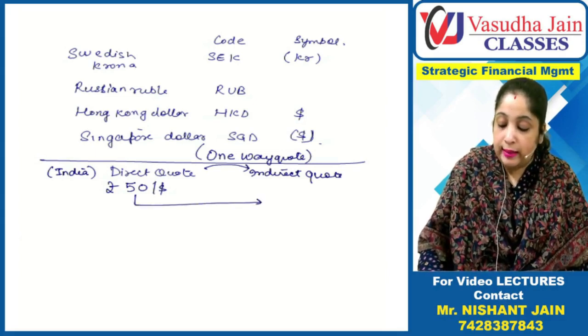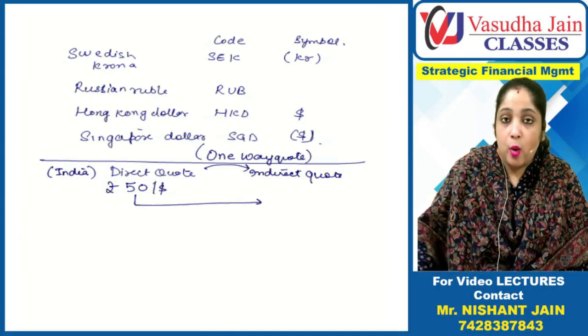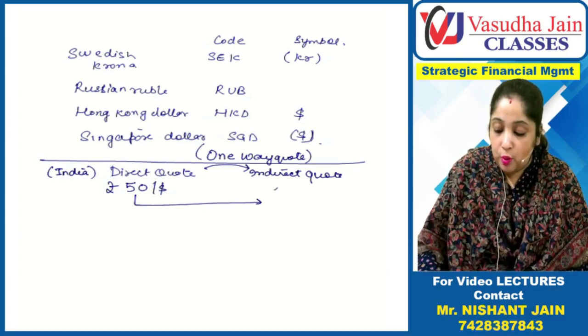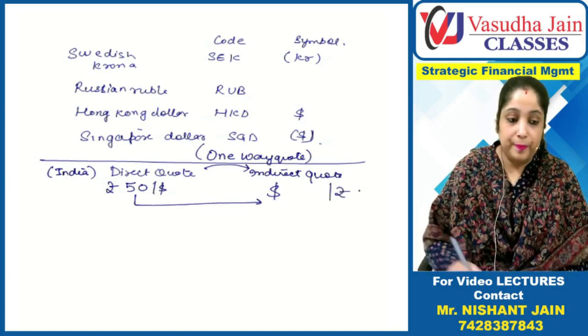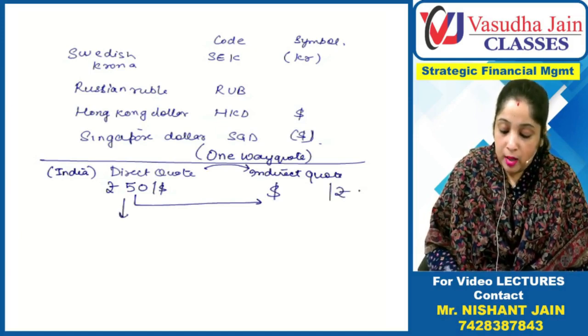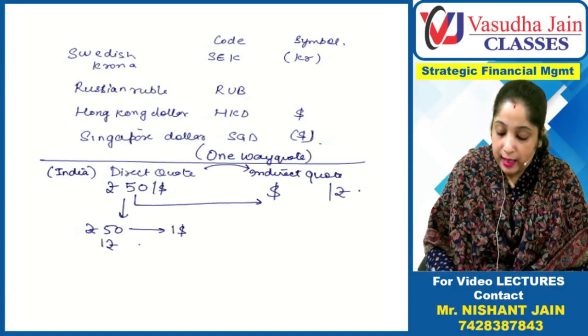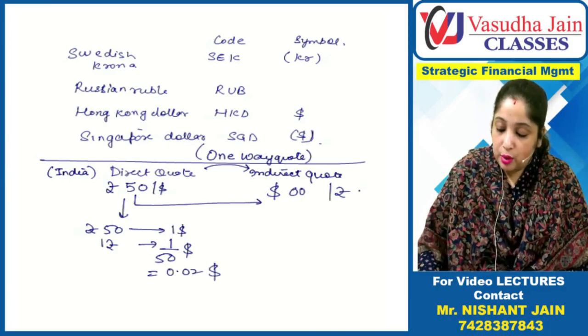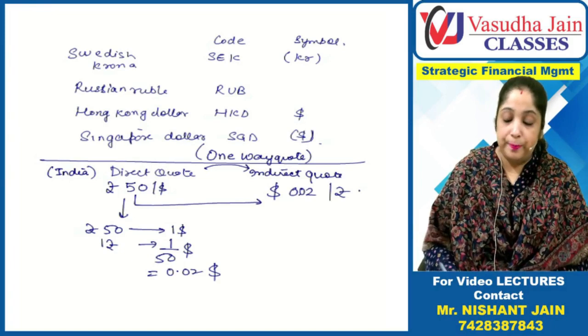I want to convert it into an indirect quote. Indirect quote means that you make the price currency the commodity. So not a problem. Rupees 50 is equal to $1. So 1 rupee is equal to how many dollars? 0.02 dollars. So 0.02 dollars is equal to 1 rupee.